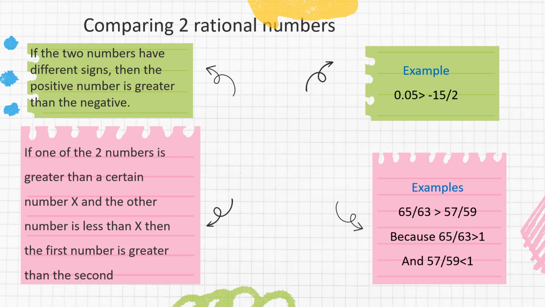Why? Because 65 over 63 is greater than 1 and 57 over 59 is less than 1. So 65 over 63 is greater than 57 over 59.